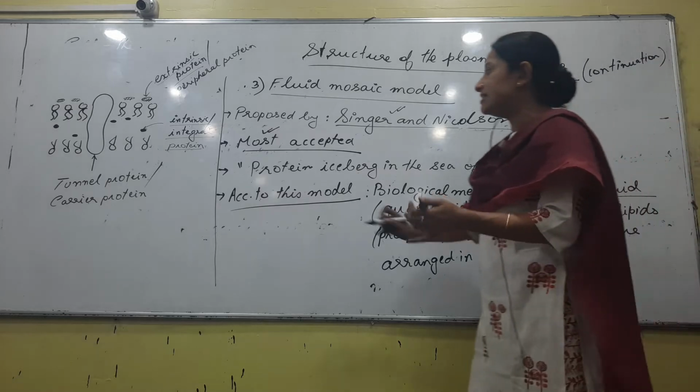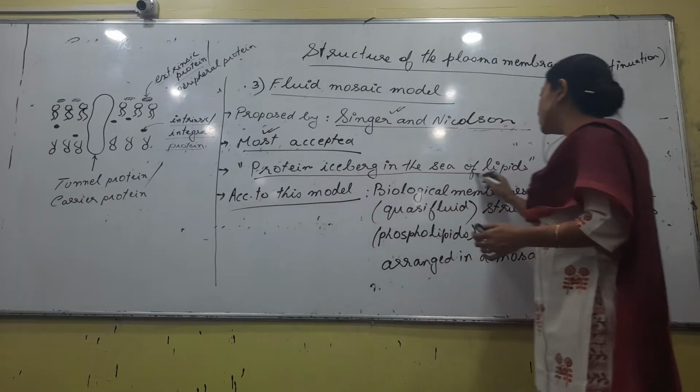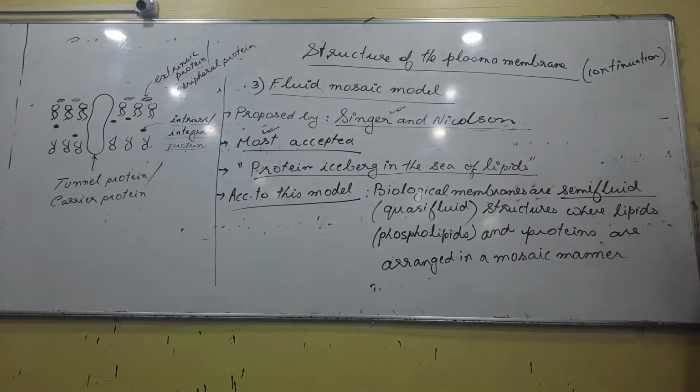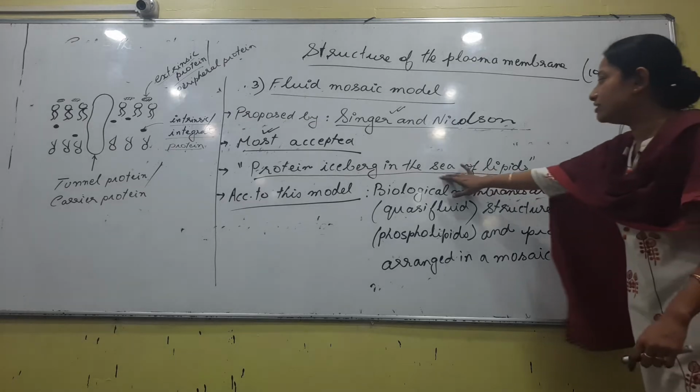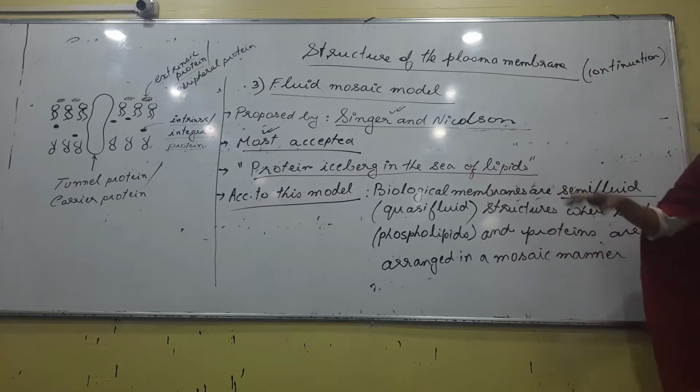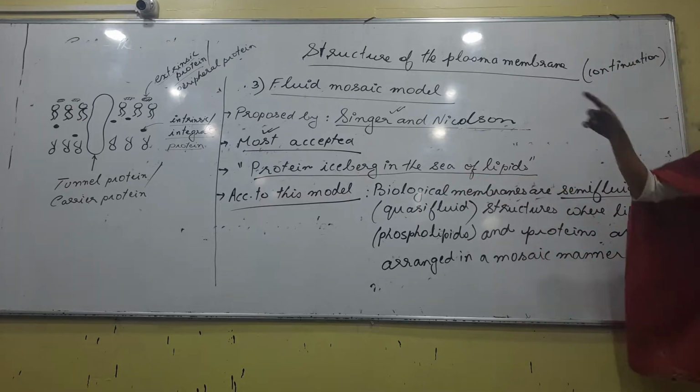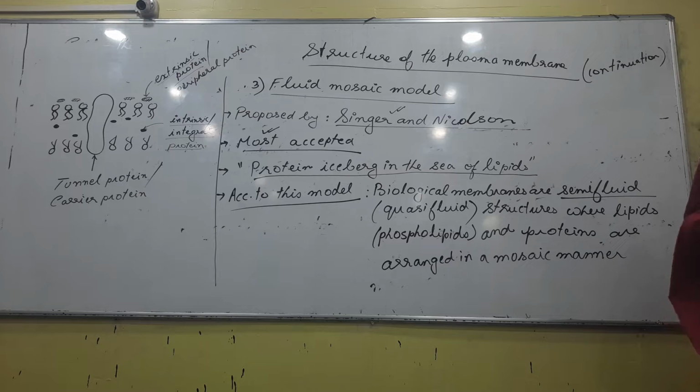Next, this line is also important: protein iceberg in the sea of lipids. What does it talk about? Hagor ekhonot jeneke borofor tukurabur floating hoi thake no? Bahut thanda jegat ki hoy? So this is a line that talks about as if the plasma membrane is almost like a sea made up of lipids, because the number of lipids is more as compared to the proteins, and proteins float in this lipid.